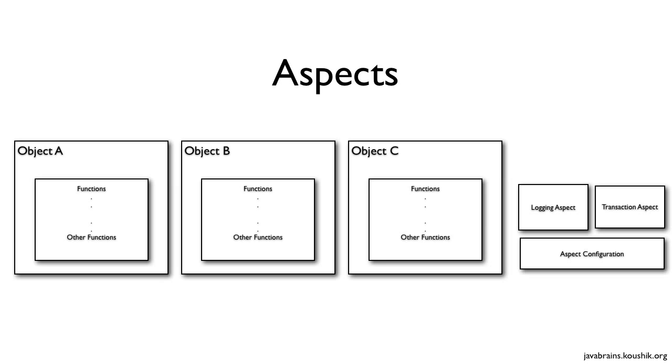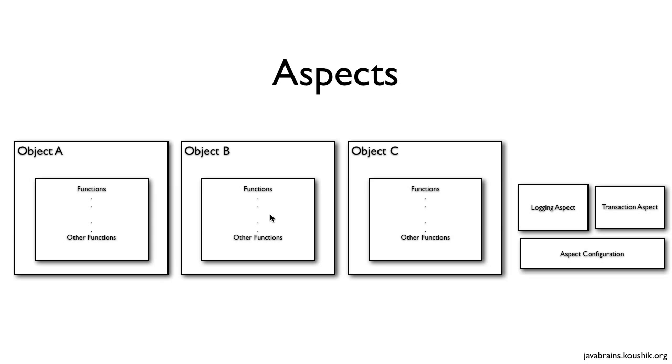So with this model, some of the advantages are obvious. Now let's say I want method ABC here to have logging, and I want method DEF not to have logging here. So what I can do is I can configure ABC, and I can say for method ABC, run the logging method, and for DEF, I don't have any configuration here. Now down the line, I want to change this configuration. I want to have the logging method run for method DEF also. So in that case, I don't have to go to this object and change the code.